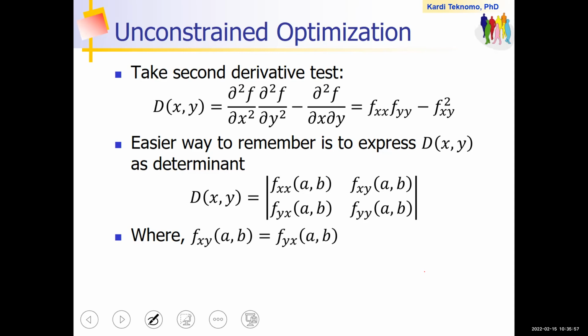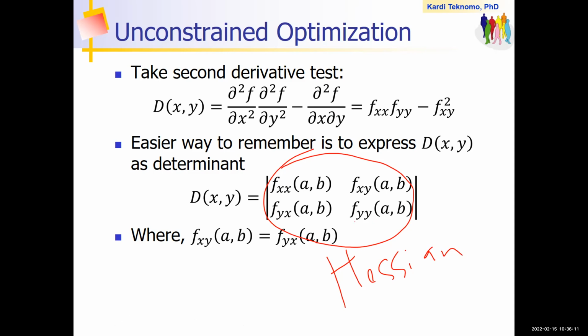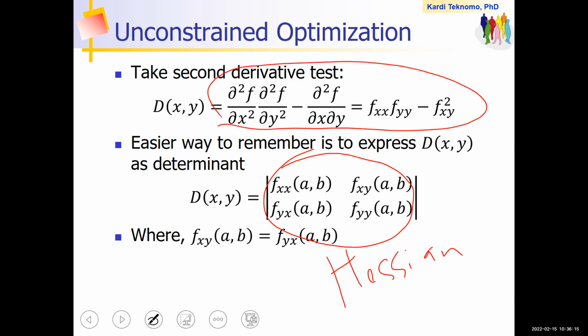This matrix is actually called the Hessian matrix. Then you take the determinant of the Hessian matrix, and you will get this value.